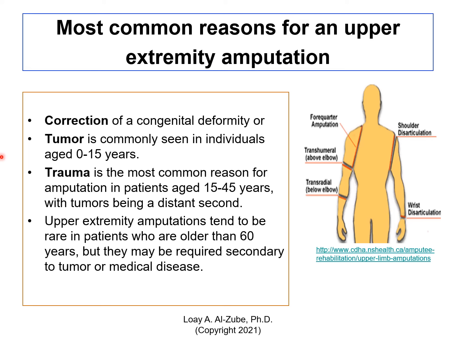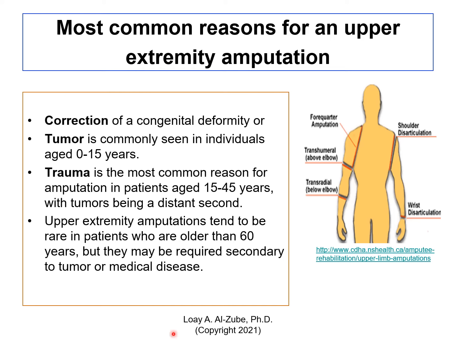And if someone is actually reaching 60, the probability for them to reach 90 is quadruple compared to someone that's young. But then we might have some amputations secondary to tumor or medical diseases. Now, diabetes is another reason of amputation, especially with the lower extremities, if they're not taking care of their wounds. That's another big problem.